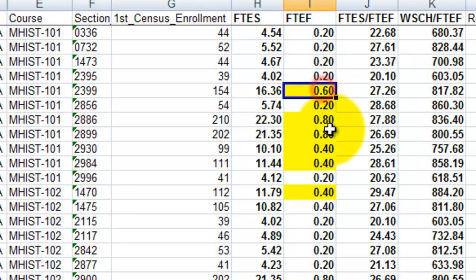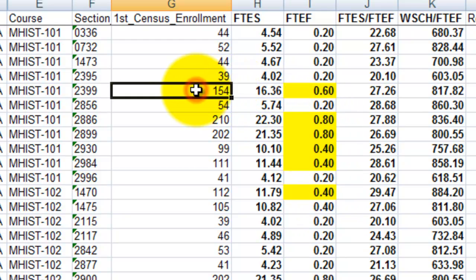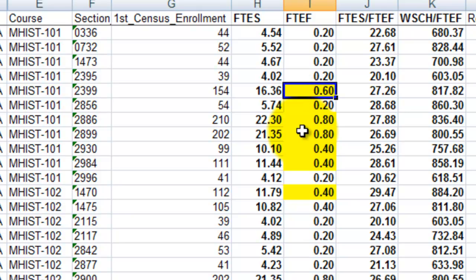But down here, this one that's highlighted yellow is a 60% load, and that's got 154 students in it. And so what you're seeing here is a triple class. 3 times 20% is 60%. This class is a 20% traditional 3-unit class, but then here's an 80%.